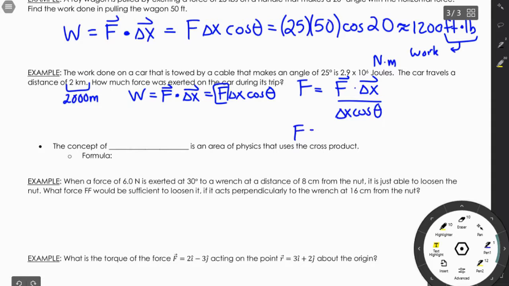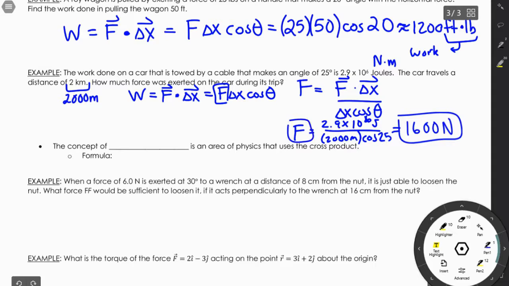And so we're just going to do 2.9 times 10 to the 6 joules divided by 2,000 meters cosine 20. Oh, sorry, 25. 20 was the previous question. Okay, which is going to give us approximately 1,600 newtons. All right, so there were 1,600 newtons applied during this amount of work done.